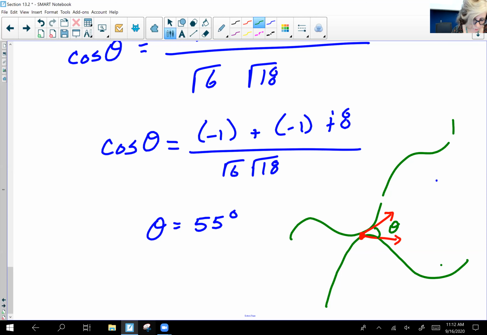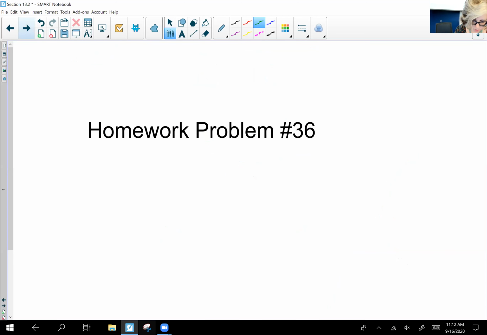All right, so let's now get into the actual integration. This says homework problem 36. I know you don't see homework problem 36, so this is what it tells us.